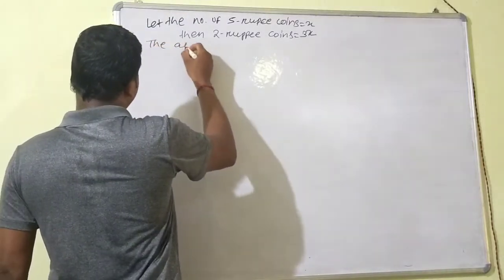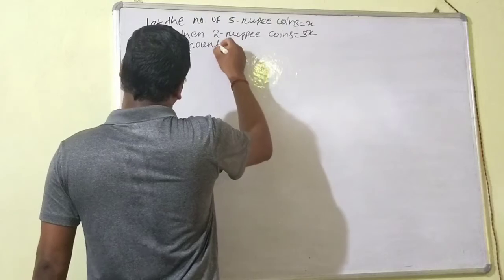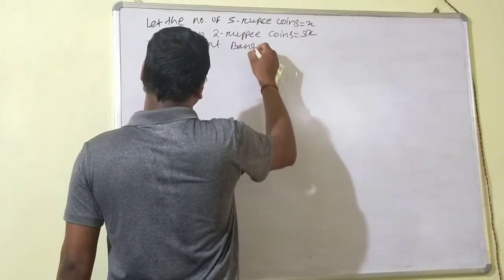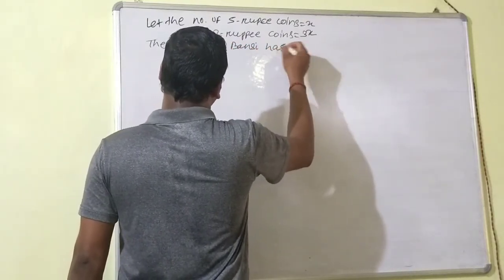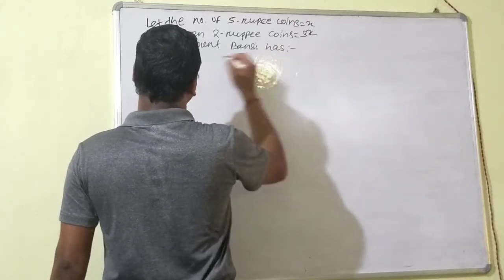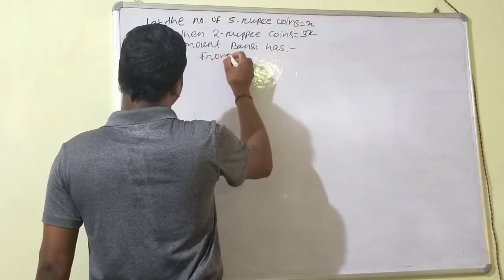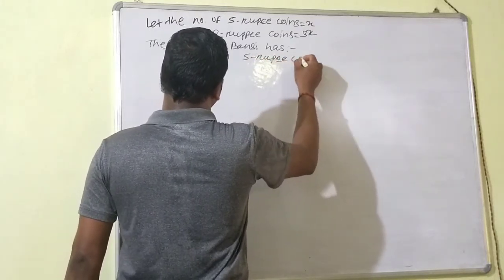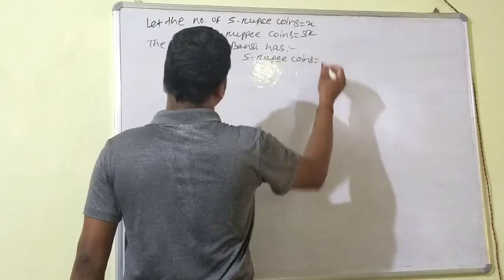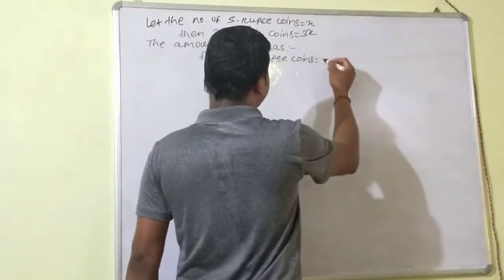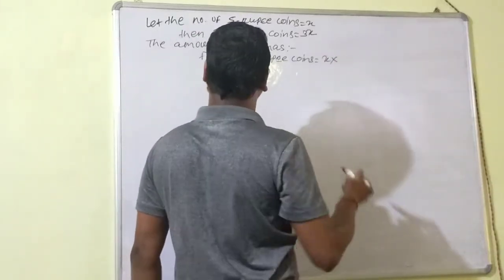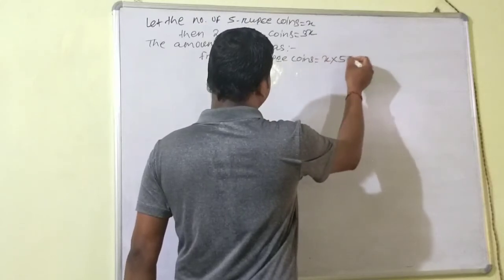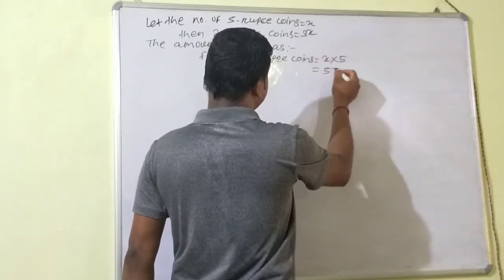The amount Bansi has from 5 rupee coins equal to the number of coin into the 5 rupee, that is 5x.